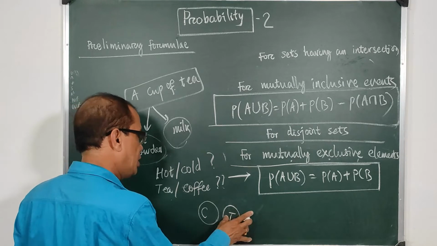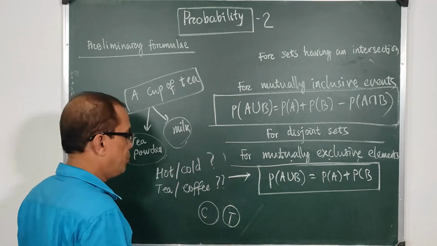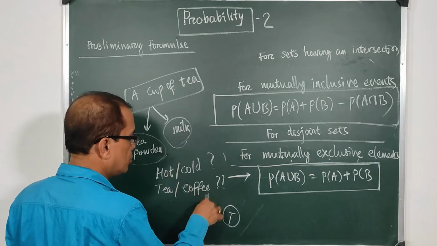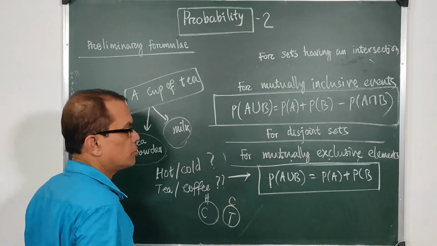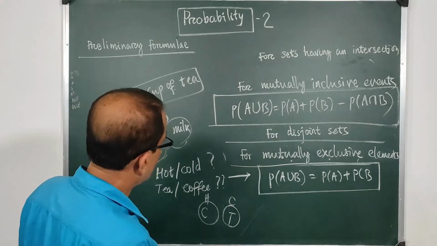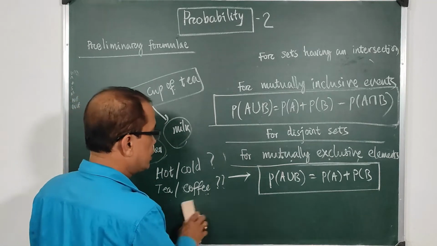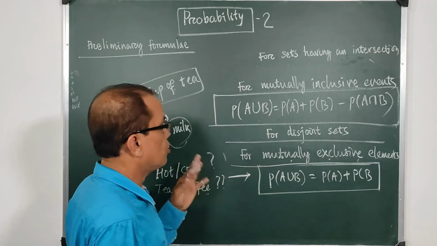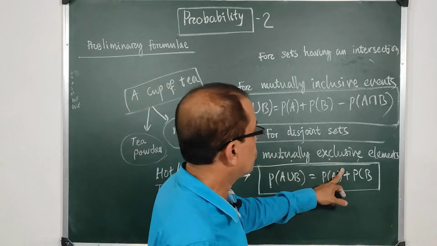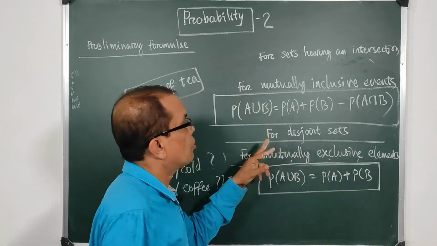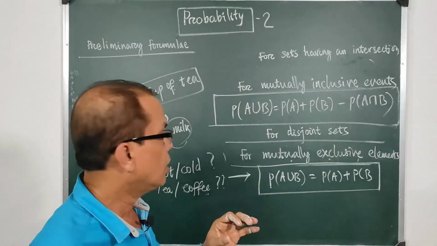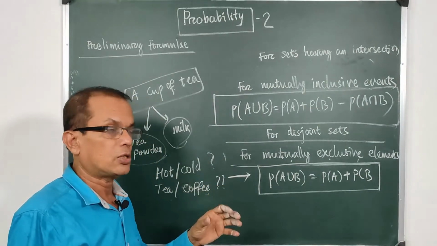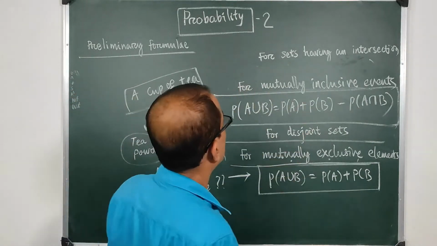If you choose tea, there will be no coffee for you. If you choose a hot cup, then a cold cup is not available for you. So hot or cold, one discards the other, one removes the possibility of the happening of the other. These are called mutually exclusive events. And when two things occur simultaneously, you drink tea and you drink milk simultaneously, that is mutually inclusive events.